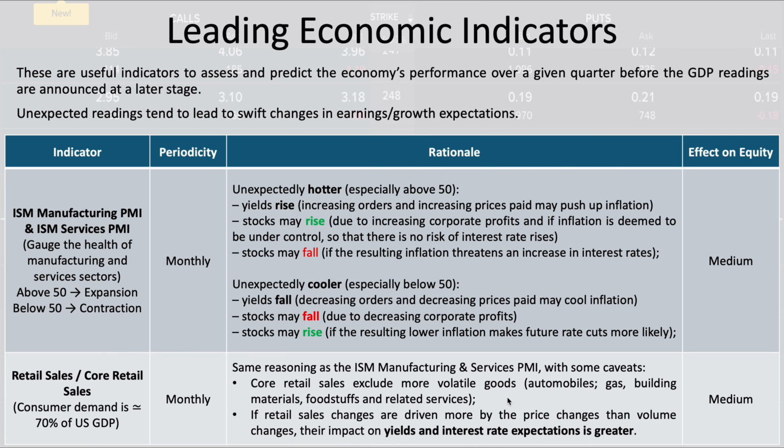When it comes to retail sales, I think this is a little bit more obvious. The same reasoning applies as for the ISM manufacturing and services. But again, look at the core retail sales, because it excludes more volatile goods like the ones on the screen: automobiles, gas, building materials, foodstuff, and related services.